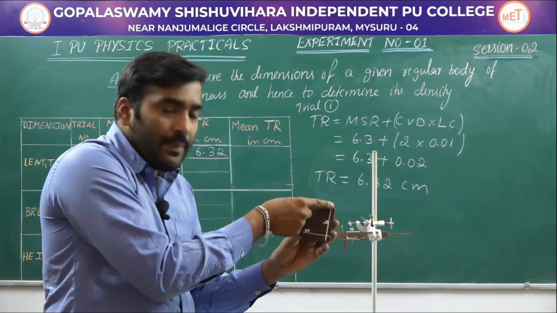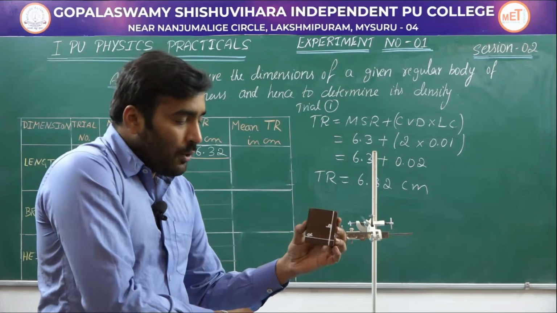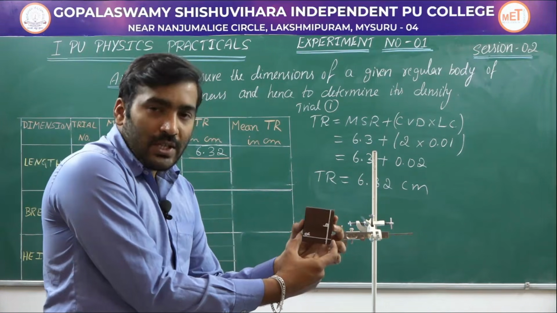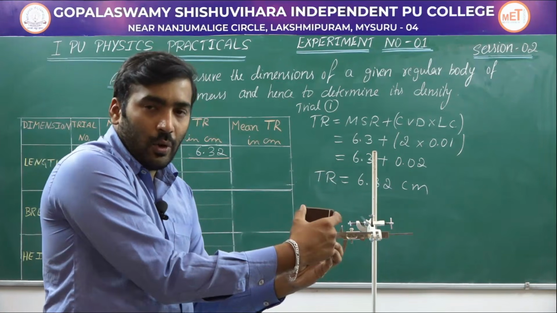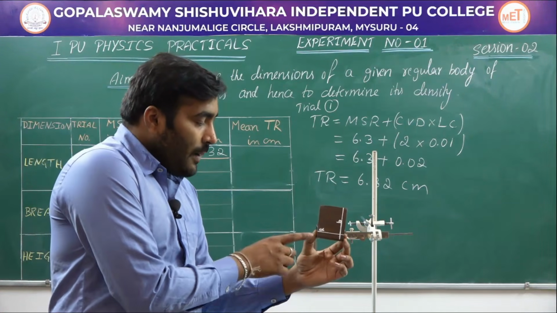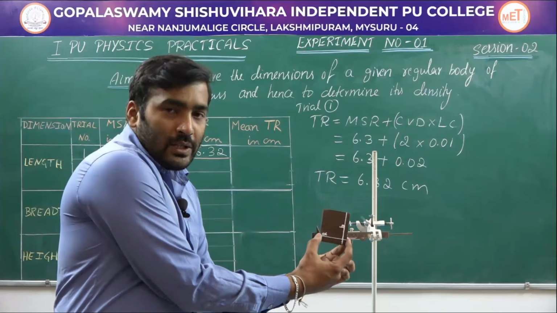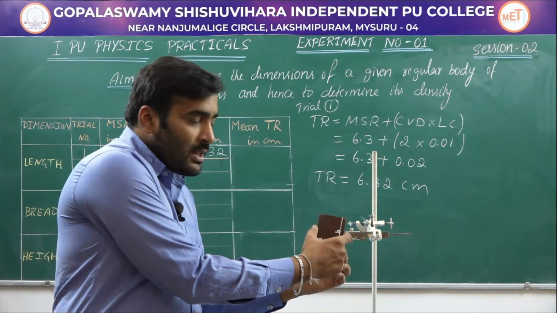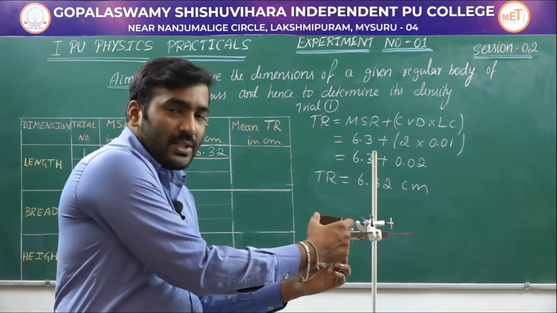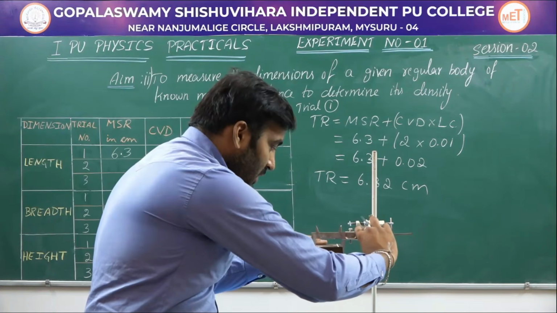You should not change the dimension. If you keep the object first along this position, the next position should be here or here. For the first trial, we kept the object at this bottom edge. For the second trial, you have to keep the object at this center like this, and for the third trial at this edge. I kept the object at the center.